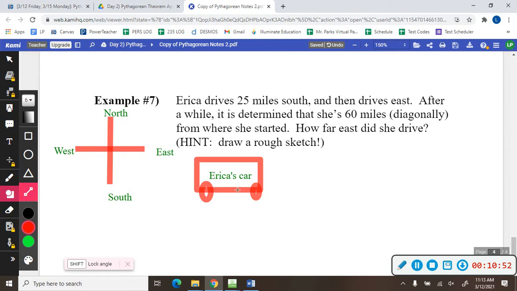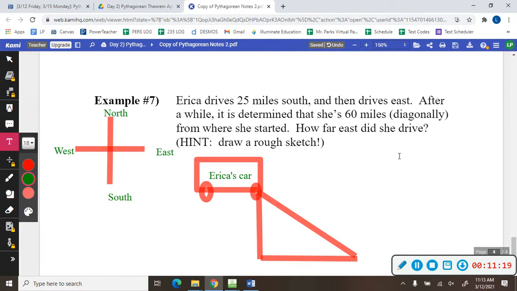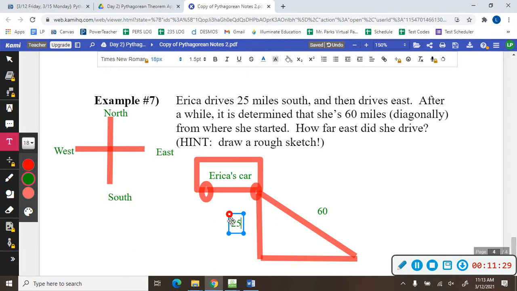So she's going to drive 25 miles south, and then she drives east, so that'd be to the right. And it's determined that she's 60 miles diagonally from where she started. She started here, now she's here. So we know that that is 60. And we know this is 25 because they told us that she drove 25 miles south. So how far east did she drive?